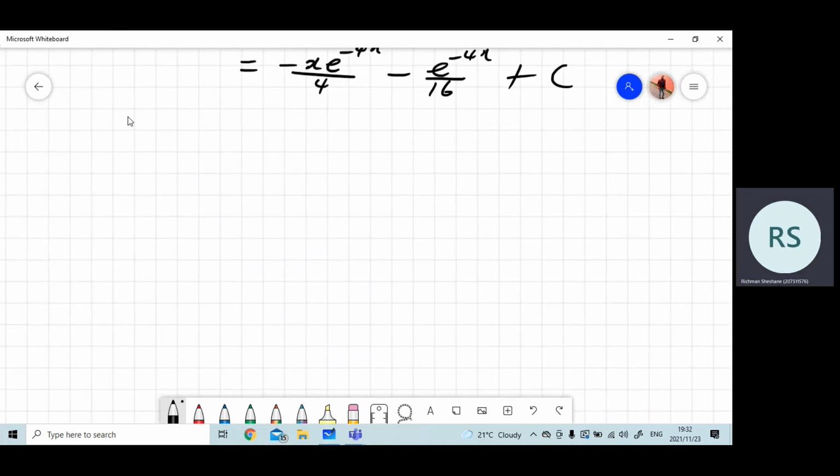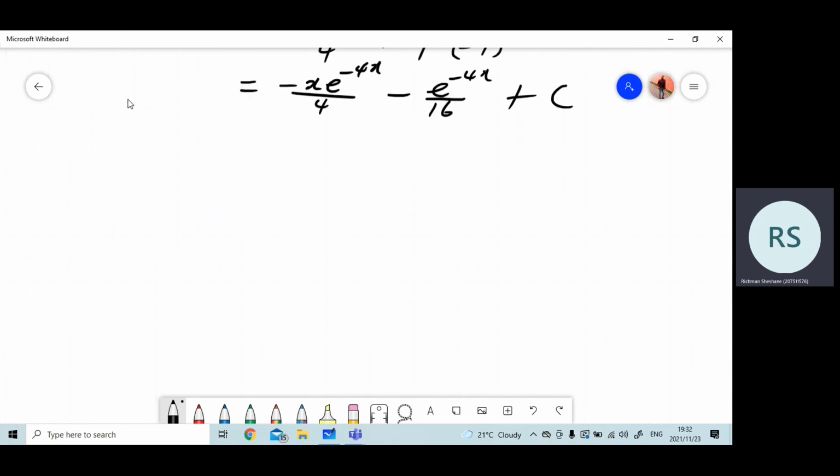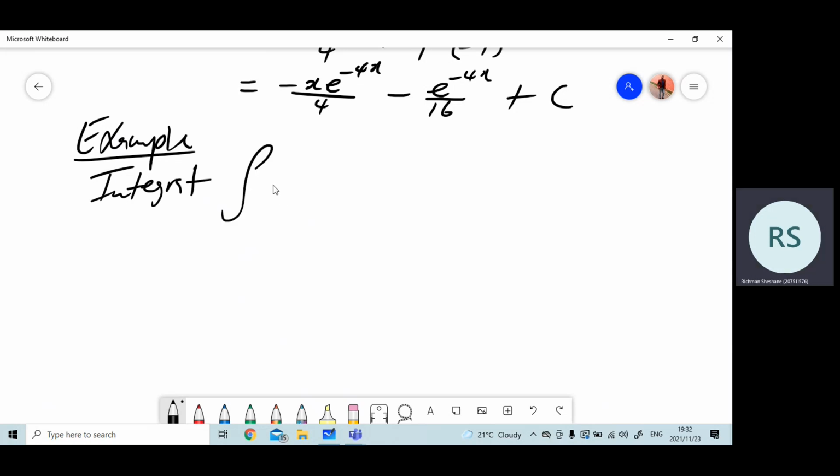Next section, next problem. We also use integration by parts to evaluate the integral of inverse function and log function. For example, let's say we want to integrate ln x. What is the integral of ln x?